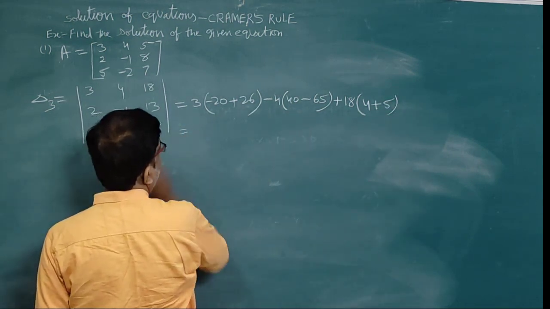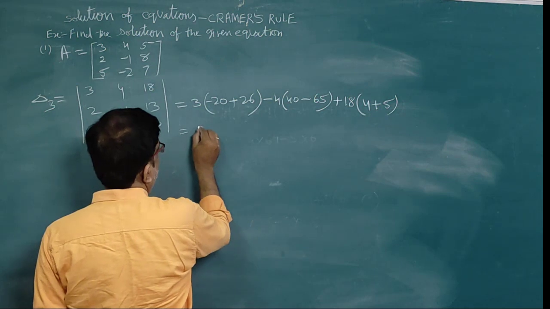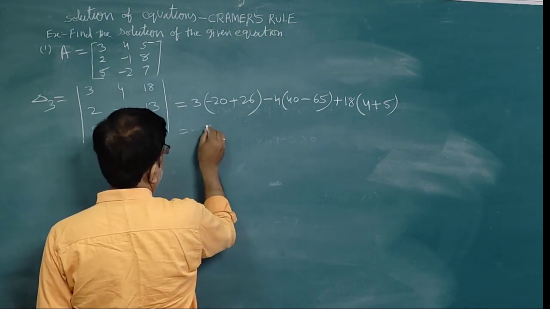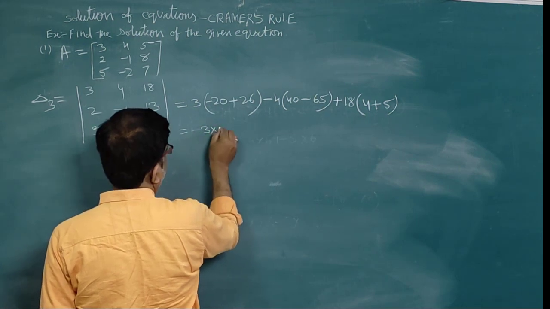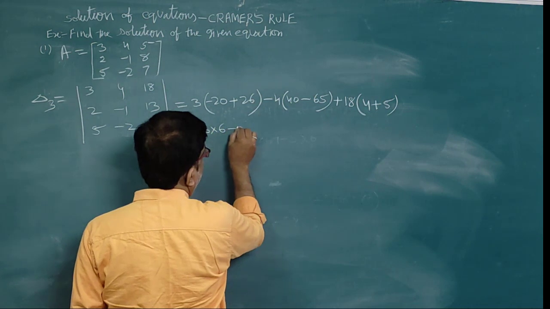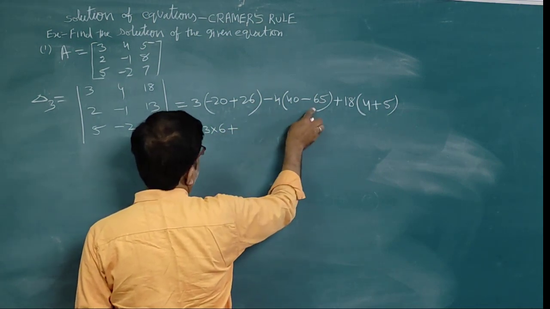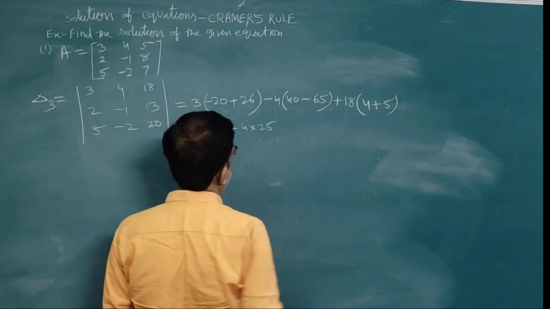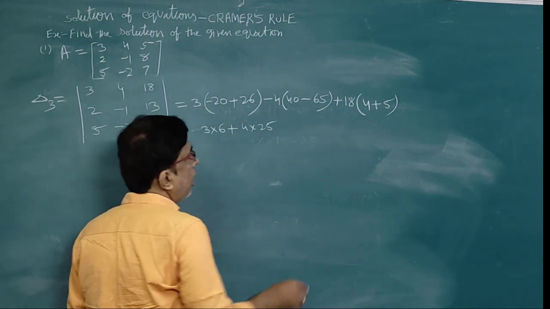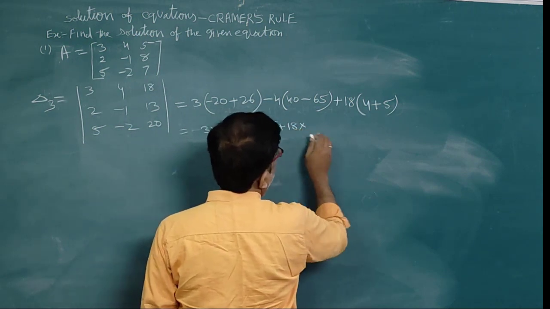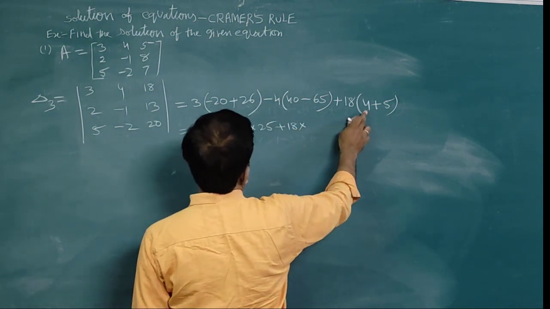So this one will be equal to how much? It will be plus, right? 3 into 6. This one will be minus, it will become plus, minus is more here, 4 into 25. Again this is plus 18 into 2 into 2 is 4, 5.